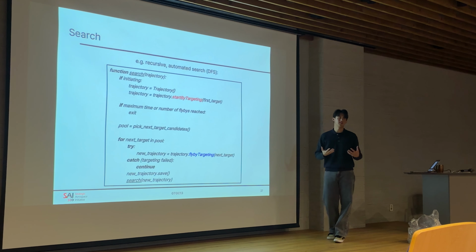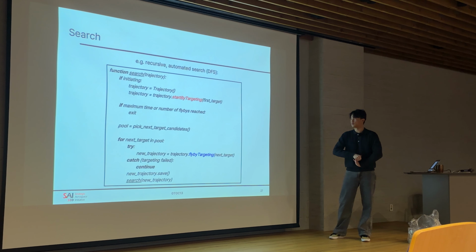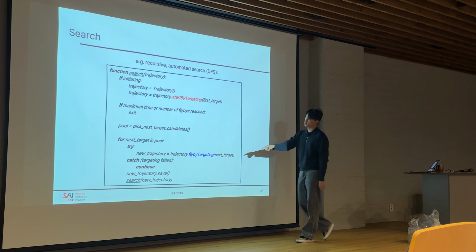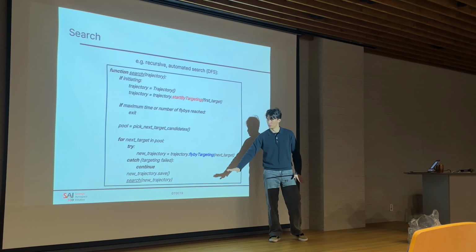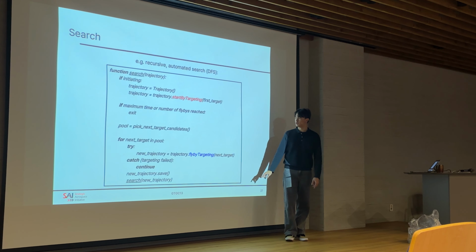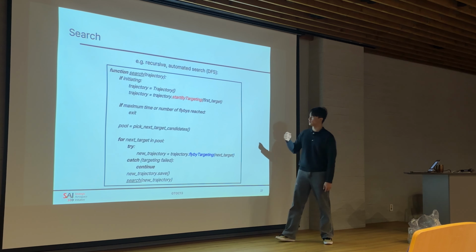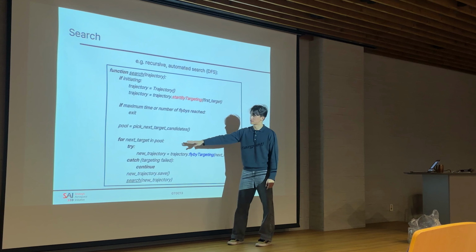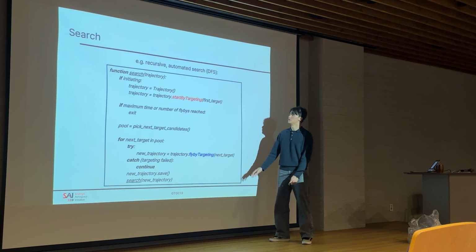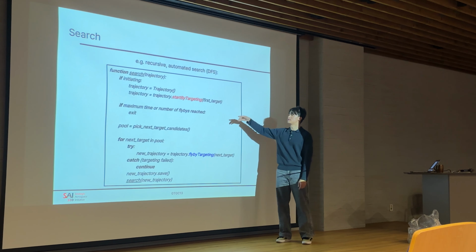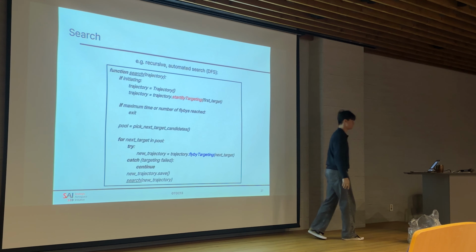If you succeed, you get a trajectory with another flyby appended, and you save the new trajectory and go on to search one level deeper. But if you fail, you must proceed to the next target and continue the search at the same level. You do that until you exceed the maximum time or number of flybys.